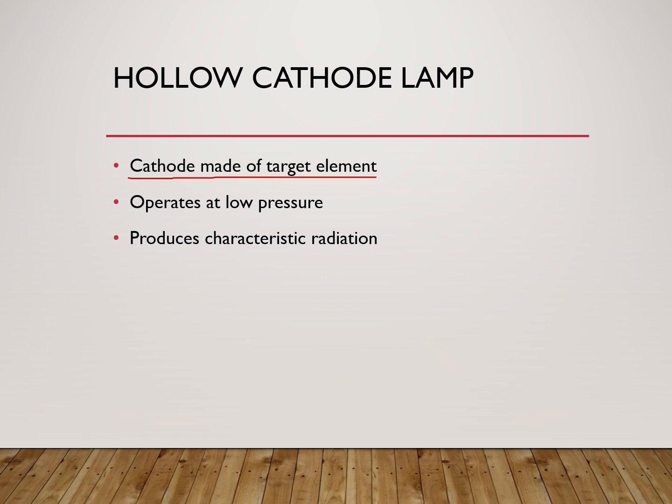When a high voltage is applied, the lamp emits sharp spectral lines characteristic of that element, ensuring accurate and selective analysis. So it is operated at low pressure, and when high voltage is applied, it produces the characteristic radiation of specific wavelength.